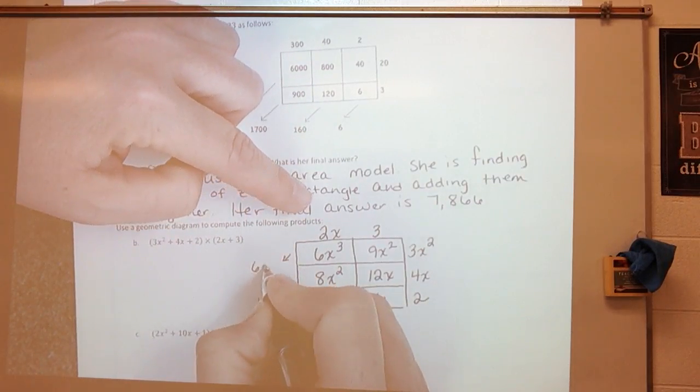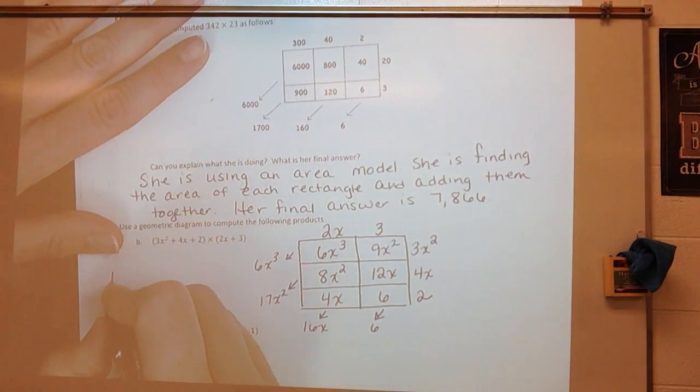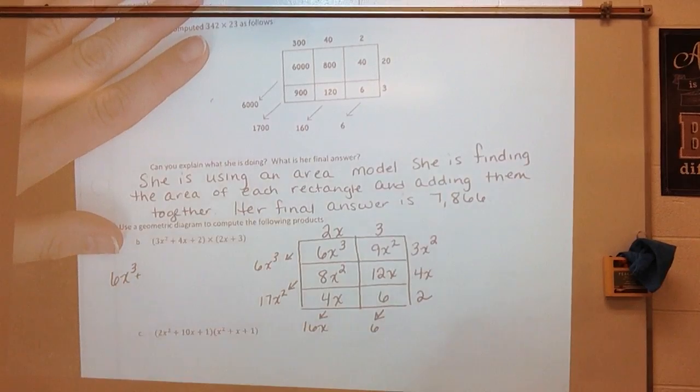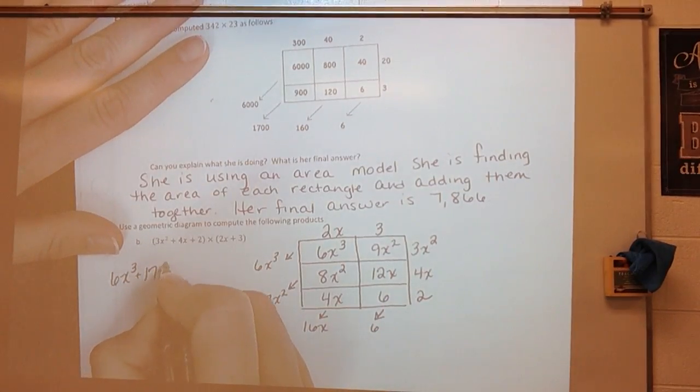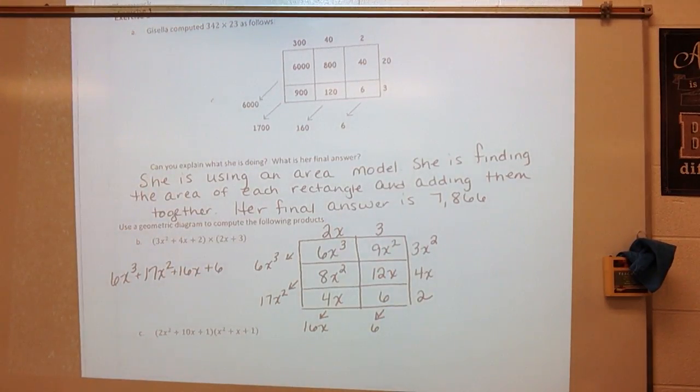And then I have 6x cubed. I cannot combine any more, so my answer would be 6x cubed plus 17x squared plus 16x plus 6. And that's my answer.